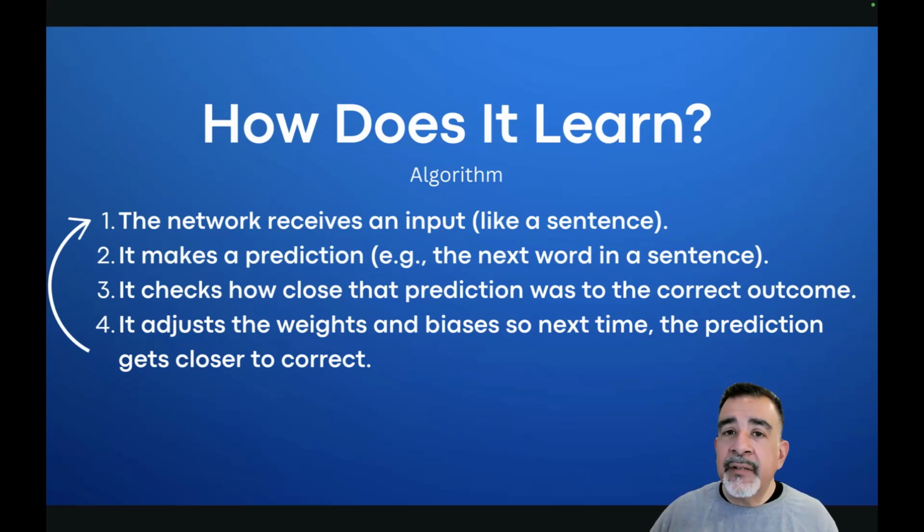So it likely has an example of a correct outcome. And then finally, it adjusts the weights and biases that I mentioned, those modifiers of the input, so that the next time it gets a better prediction, gets closer to being correct. And it's rinse and repeat. As you see with the arrow, it just continues to get better and better.